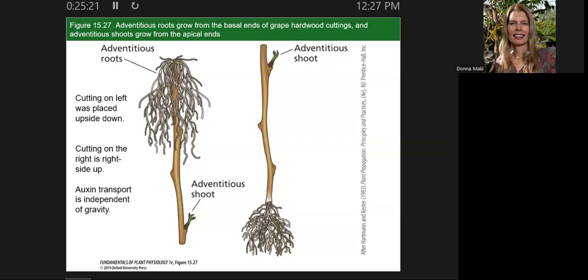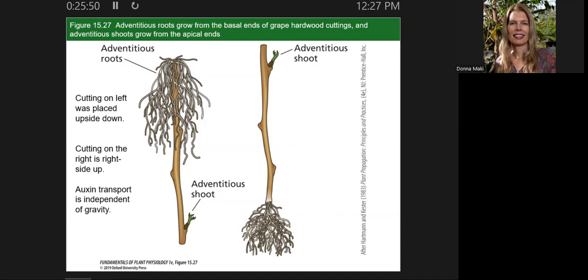This is just the idea of polar transport, where if you take the plant and turn it upside down, you still have flow from the shoot apex down to the base of the stem. And so that's why if you ever clone a Sansevieria plant, the snake plant, if you take sections of the leaf and put them into the soil, you have to know which section is closest to the apex and which is closest to the bottom of the stem.